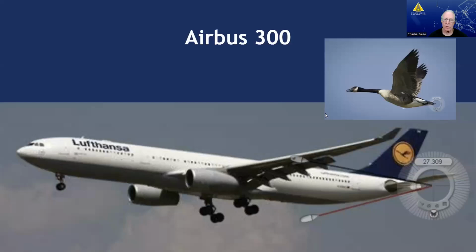I'm going to be next showing you an example of the Airbus 300 commercial airplane. I have done this research on every single jet airplane that has ever been manufactured as a commercial plane. And every single one of them has this geometry in its fuselage and in other places in its aerodynamics.